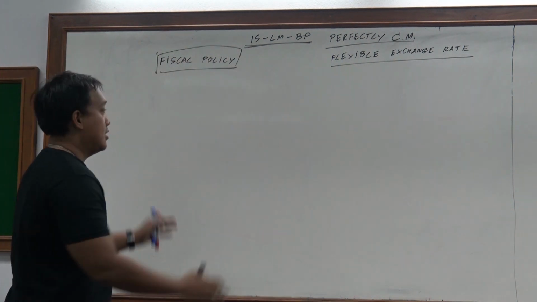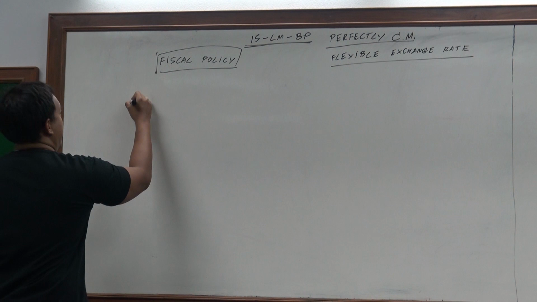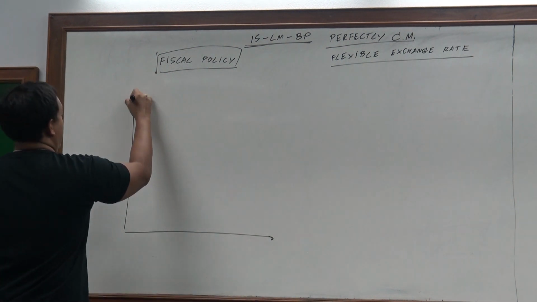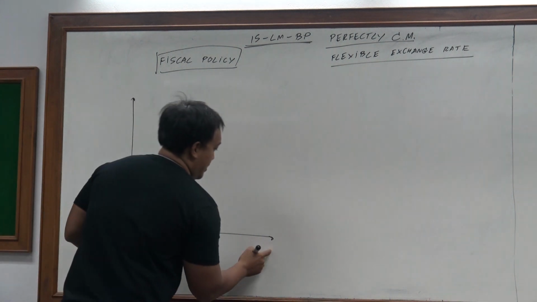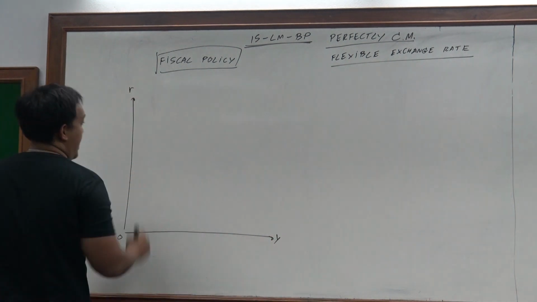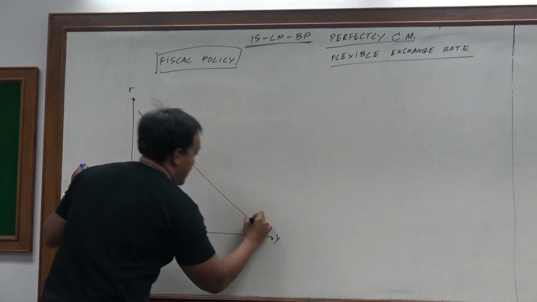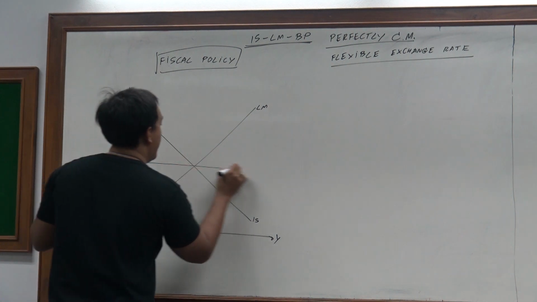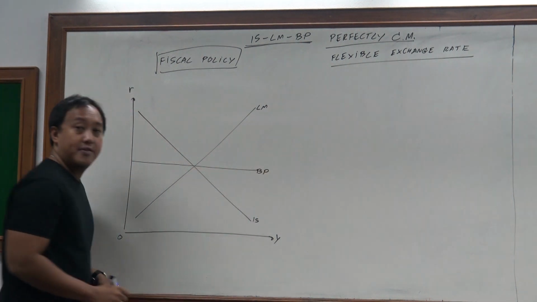So I'm going to draw two graphs. This is going to be Y and R. It's going to have the IS curve, the LM curve, and then the BP curve.